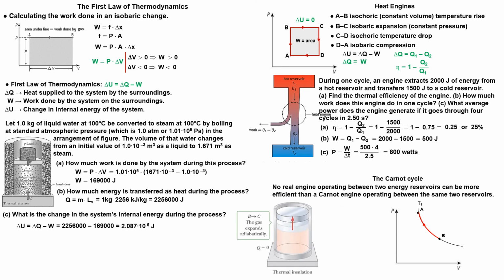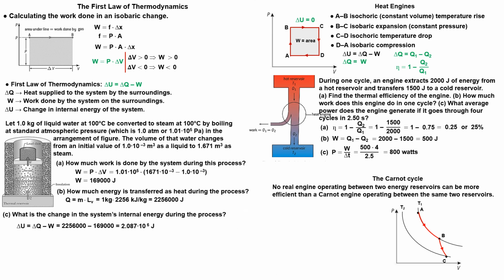In the process from B to C, the base of the cylinder is replaced by a thermally non-conducting wall and the gas expands adiabatically, so no energy enters or leaves the system by heat. During the process, the temperature falls from T1 to T2, and the gas does work in raising the piston.